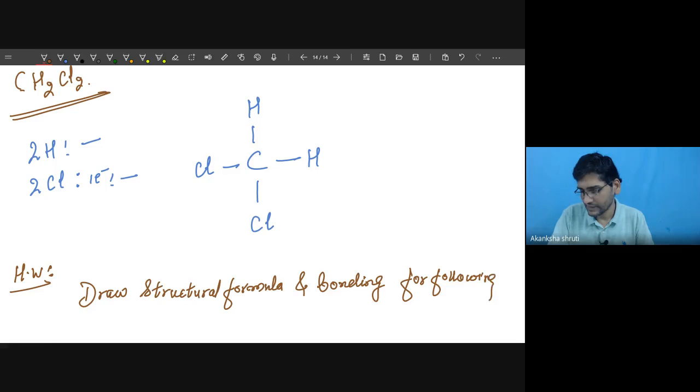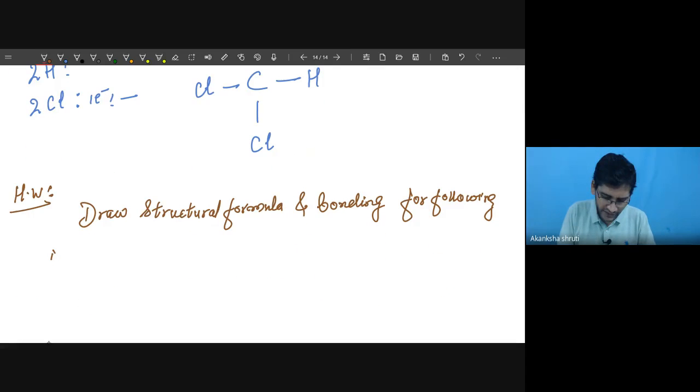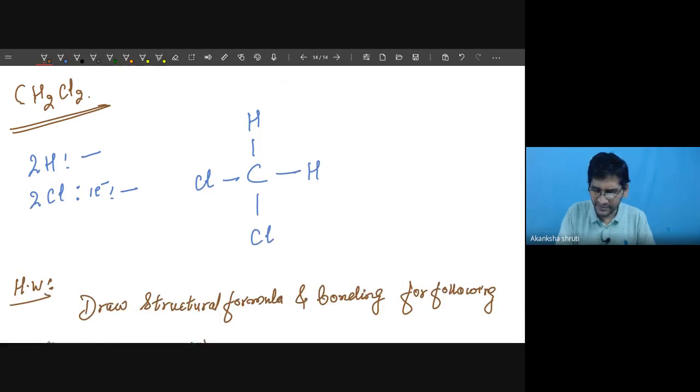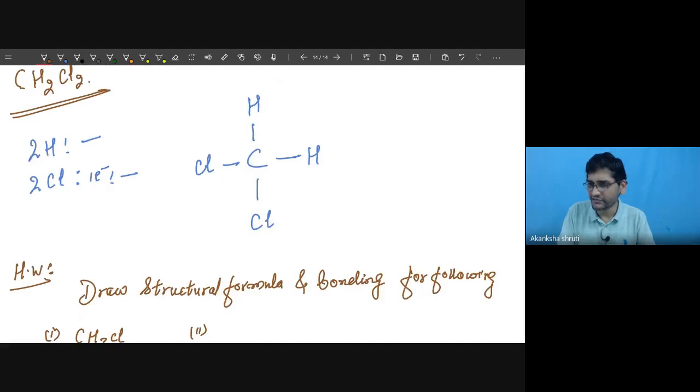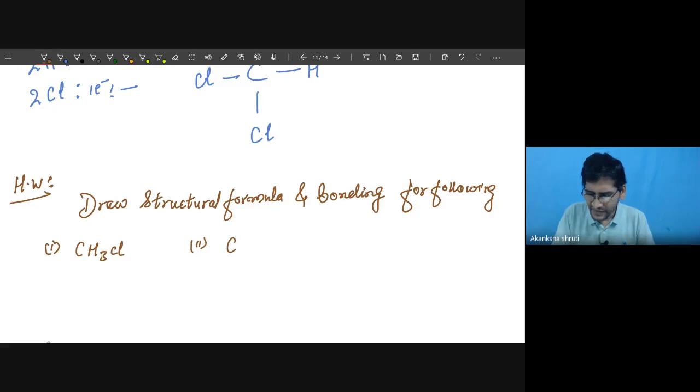Students, first take CH3Cl, the same as above. In place of 2 Cl, only 1 Cl, and H will be 3. Then C2H5 and Cl, like C2H6, 5 H you have to give and 1 chlorine you have to give.